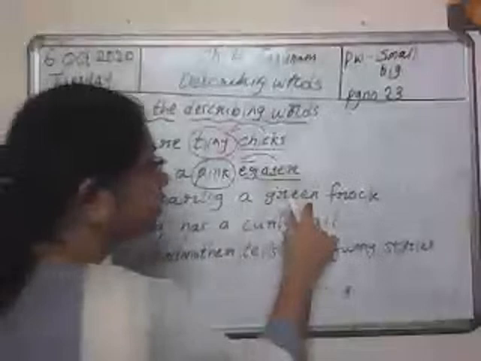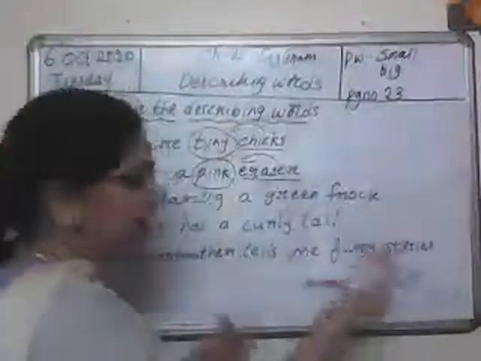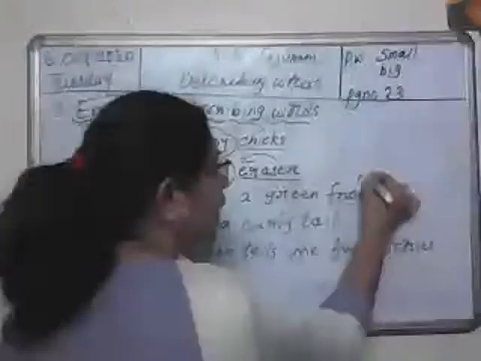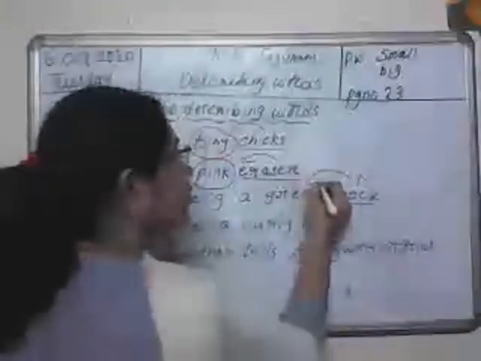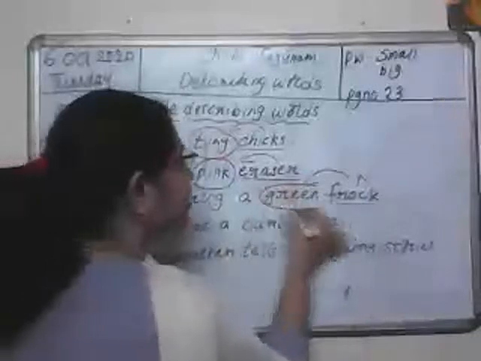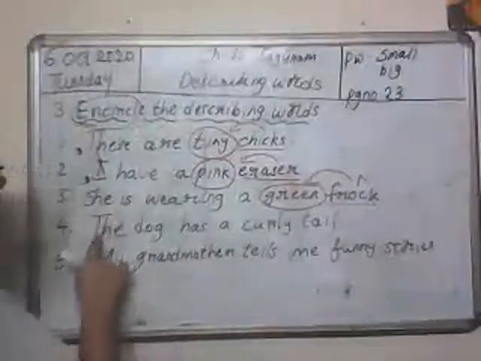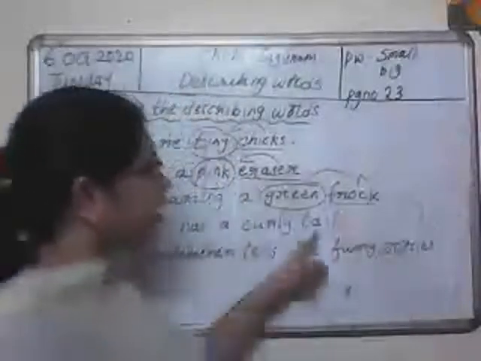She is wearing a green frock. Again, green frock. A frock is your noun, right? And frock is in which color? Green in color. So green is a describing word. The dog has a curly tail. Okay, curly tail means the dog's tail is like this, curly.